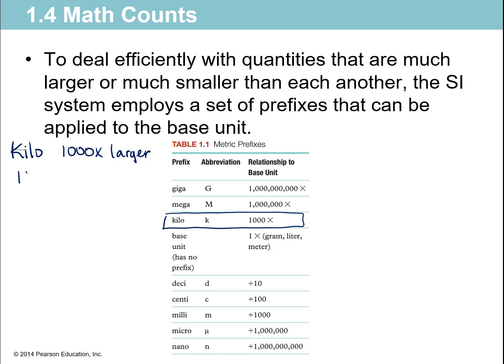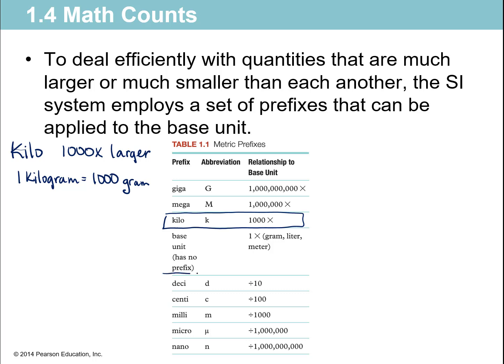So if I have 1 kilogram, that means I have 1,000 grams. If I have a kiloliter, it's 1,000 liters. If I have a kilometer, it's 1,000 meters. So kilo means that it's a larger measurement. Kilo always gets the 1, and the base unit gets the 1,000.